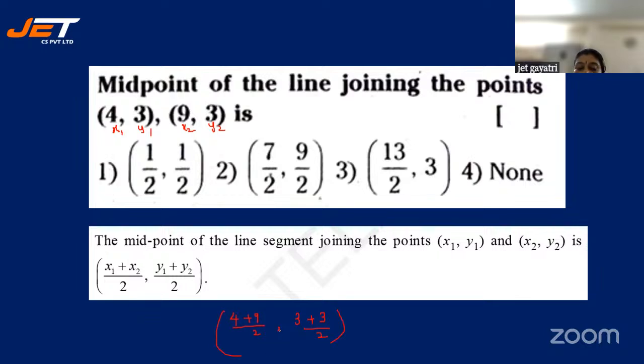Okay. So 9 plus 4, 13 by 2, comma, 3 plus 3, 6 by 2 is 3. Okay. So this is the formula for the midpoint. All right. Let's see how many of you are giving me the answer as option 3.